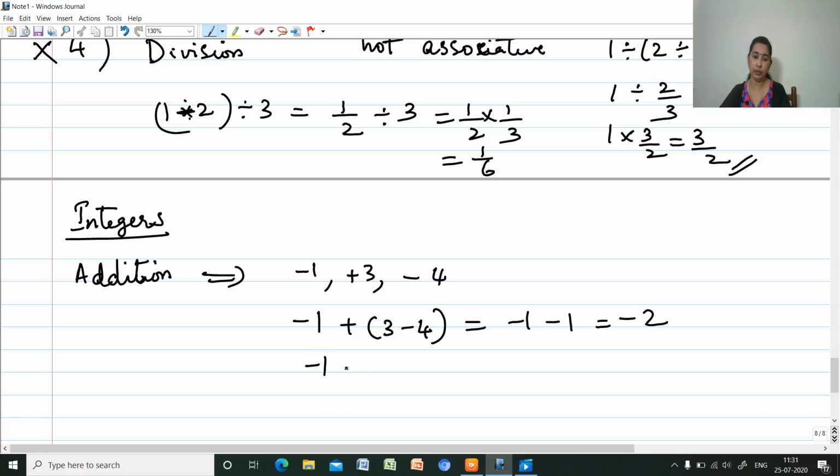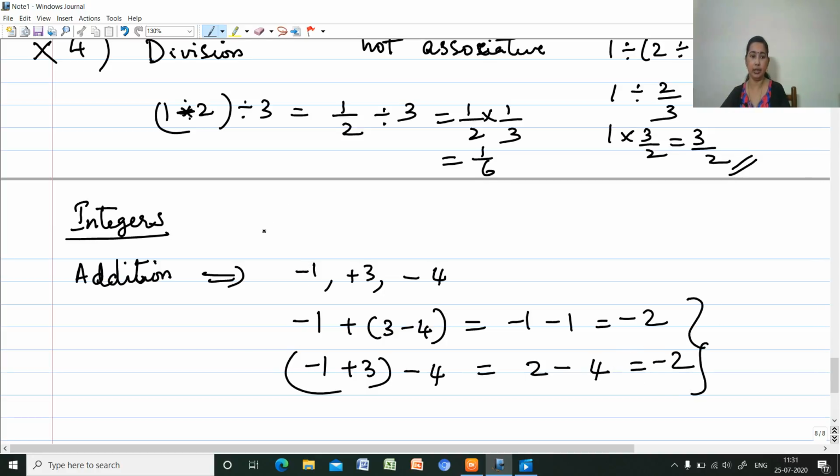Same way, -1 plus 3 minus 4, that is equal to 2 minus 4, which is equal to -2. So in both the cases, we can see that in the case of integers, addition is associative, but subtraction is not associative.